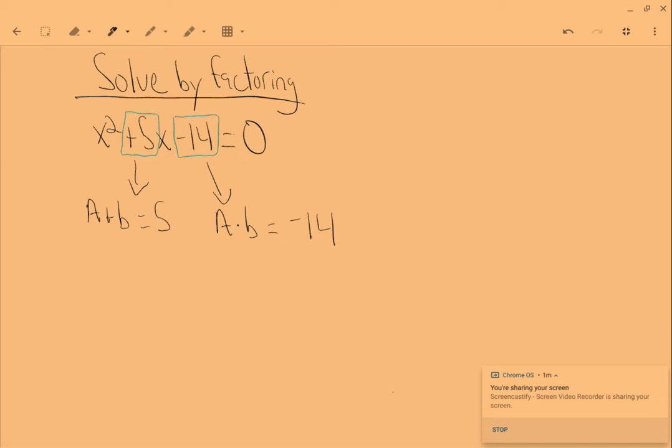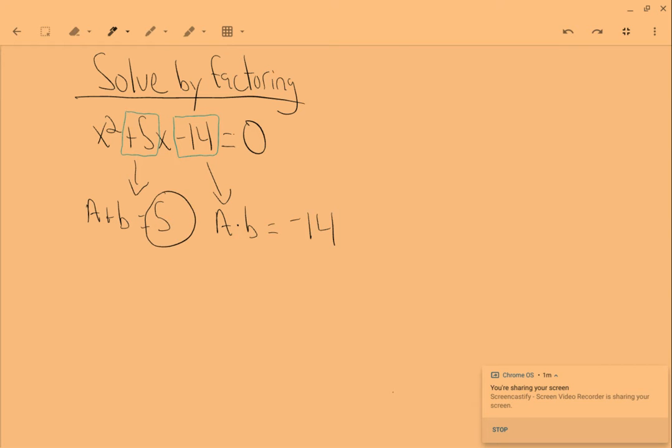Because we know that the product in this case is negative, one of those two numbers has to be positive and one has to be negative. The question is which one? For that, we look at the sum.